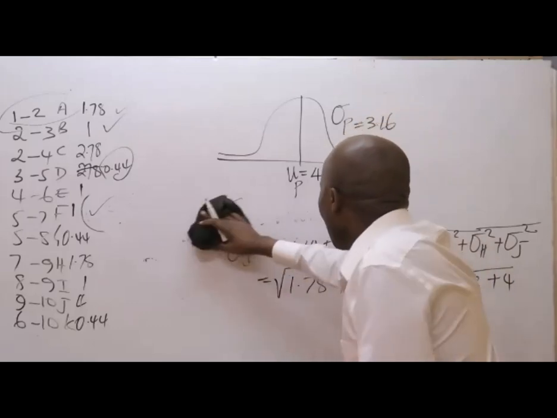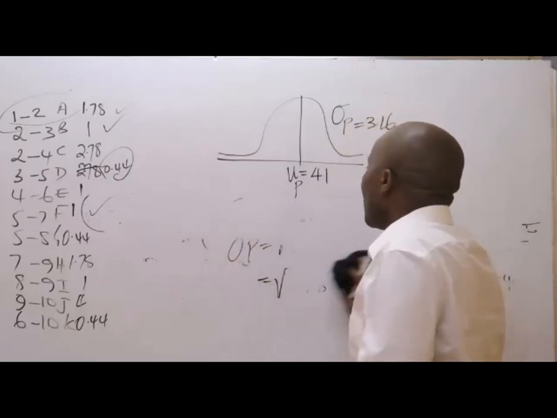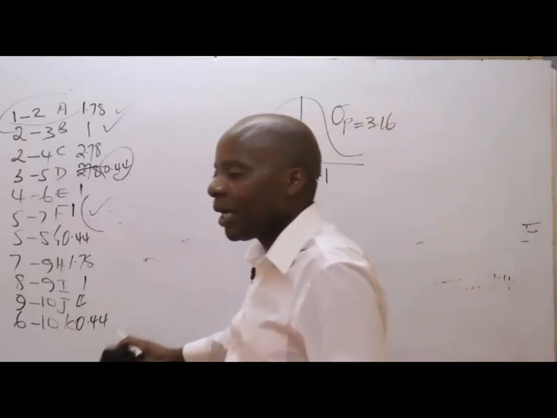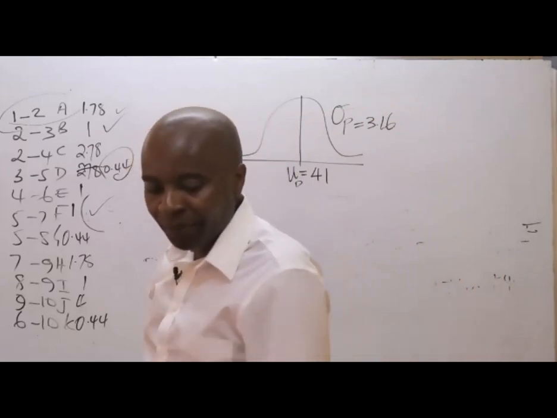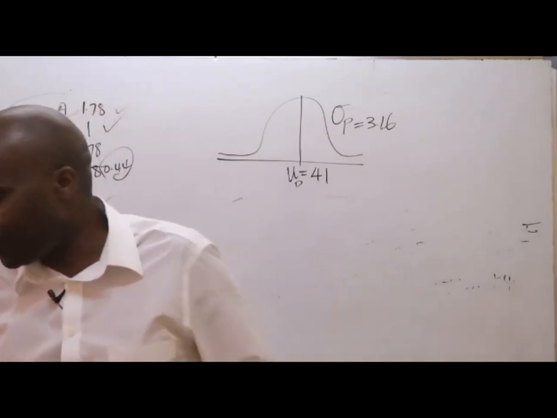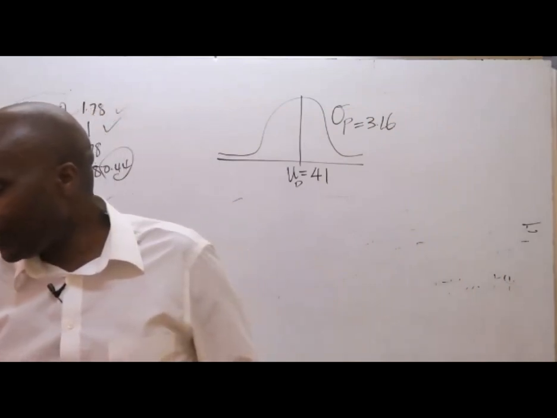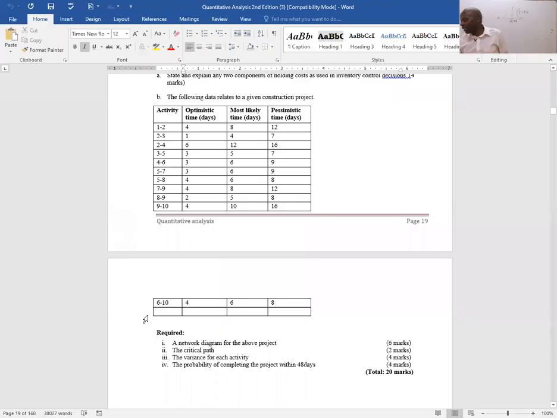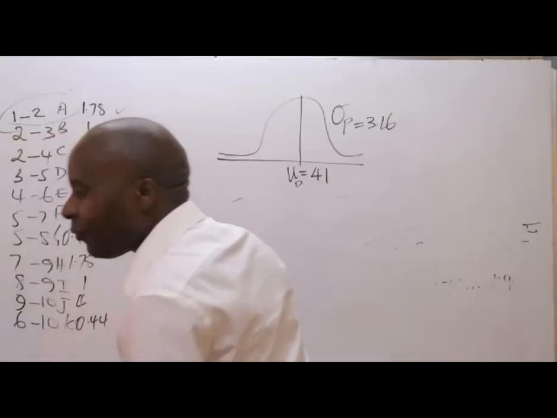Now, ladies and gentlemen, having gotten that, what is the question that this examiner wants us to ascertain? If I flip through this question, the examiner wants me to get this number 4: the probability of completing the project within 48 days.